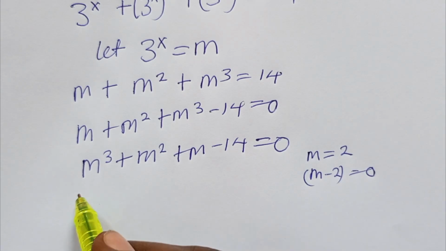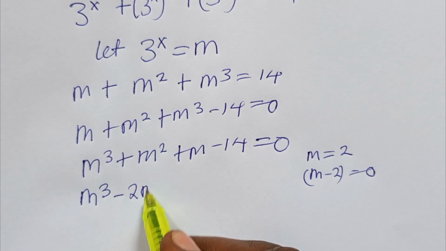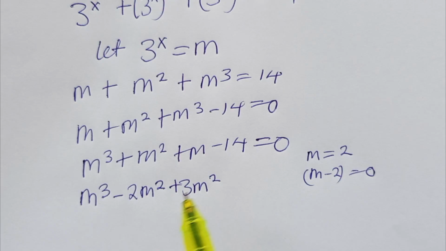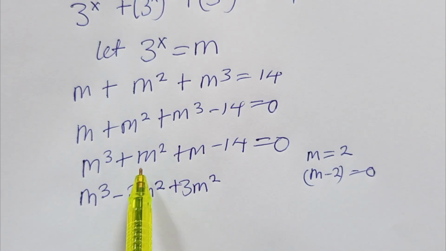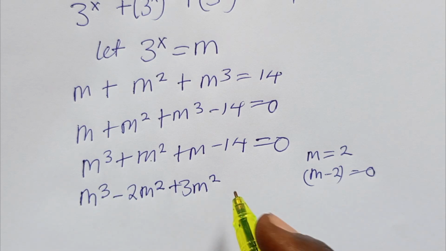In doing that, you can see m cubed minus 2m squared plus 3m squared. If we add these up, we have m squared, so we have not changed anything, and we can factor out m minus 2. We factor out m squared, and we will be left with m minus 2. That's why we are doing this manipulation here.